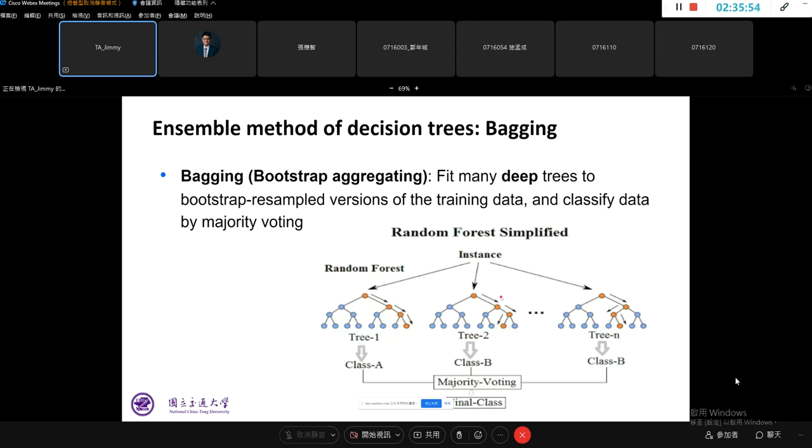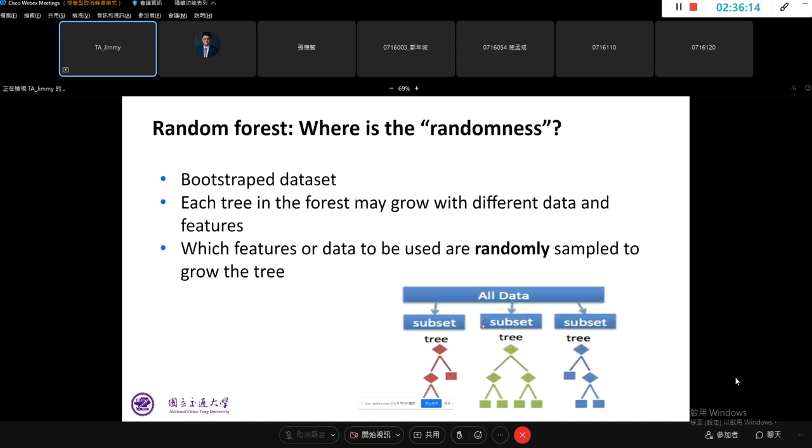and then you classify the data by majority voting. You grow as many trees as you decide, each decision tree outputs a certain class, and then you use majority voting to derive the final class. So where is the randomness of this forest?